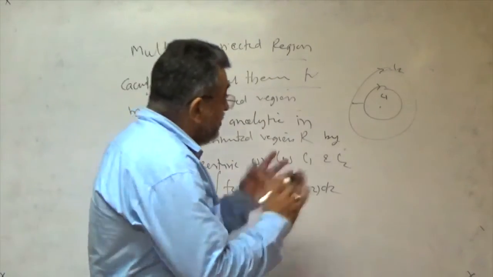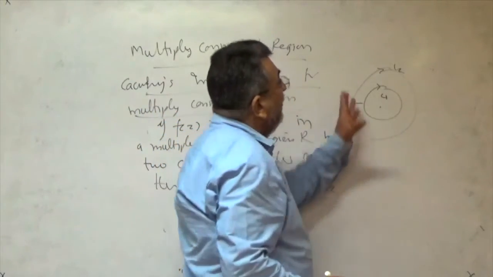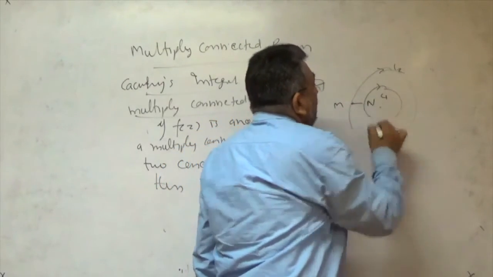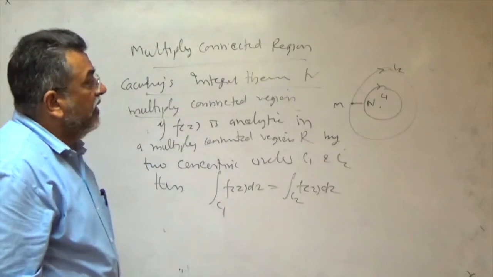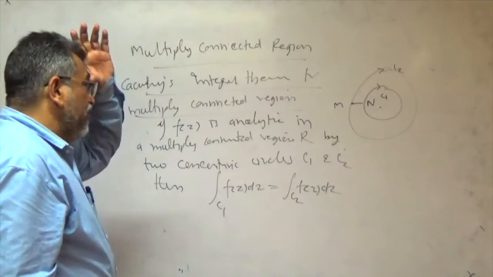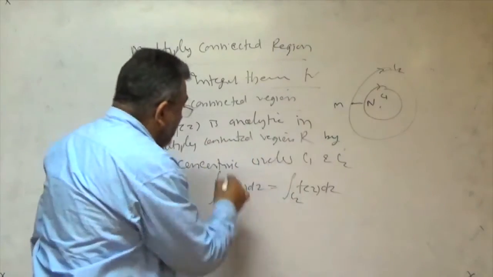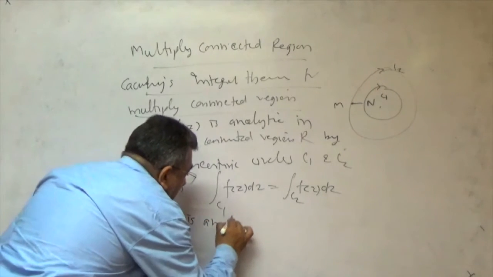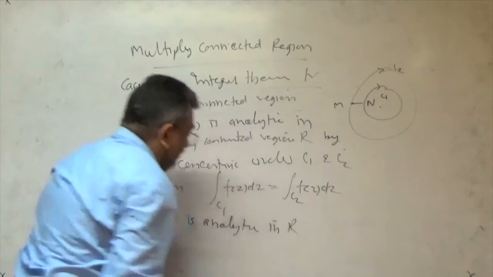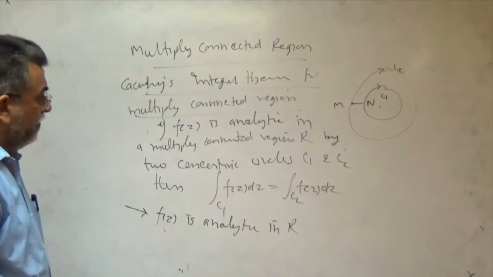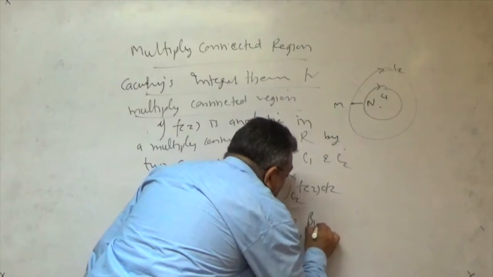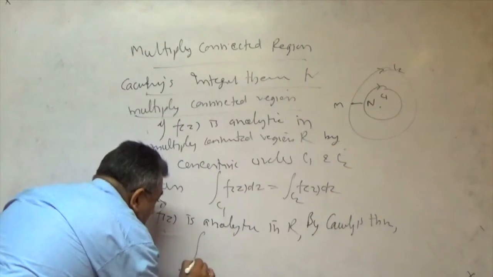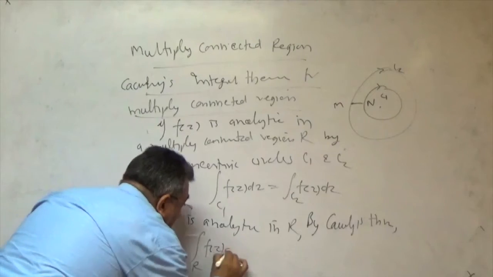How is this possible? Logically you can see that if we have C1, C2 and this is the region between the two circles, and we take a cut M1, and the region is R, then you can see that f(z) is analytic in R. So by Cauchy's theorem, the integral of f(z) along R must be 0.